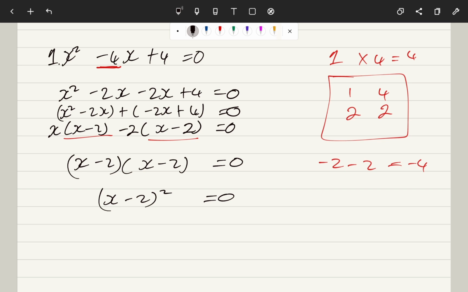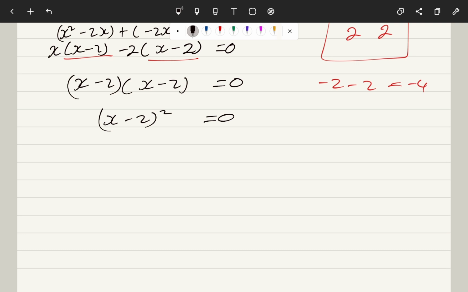The question though is, what happens if you have a different problem, like a problem like this one? Say the same problem, but instead of the last coefficient being positive, the last coefficient is negative, right? Minus 4. What if you have something like this? How are you going to solve it?